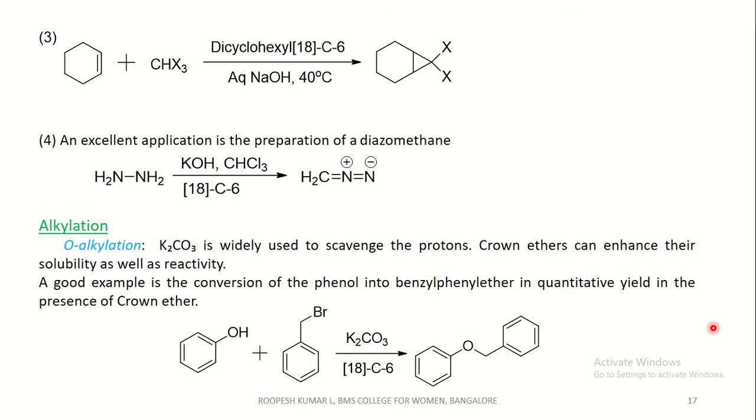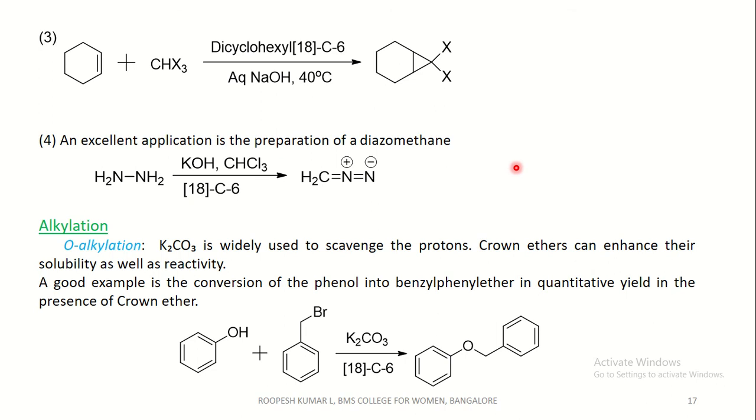carbenes here. And coming to the third example, you can see cyclohexene reacts with CHCl3 or CHBr3, as I have told you, in aqueous NaOH in the presence of dicyclohexyl-18-crown-6, and the reaction is slightly warmed to 40 degrees Celsius to form the corresponding dihalo compound.